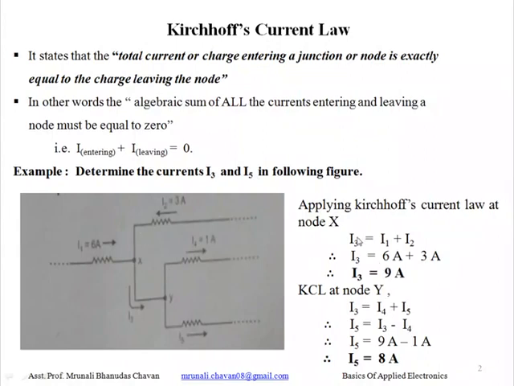That's why, if we write the currents on the left side of the equal to sign, we can rearrange this equation as I3 minus I1 minus I2 is equal to 0. But we had written the equation as total current or charge entering a junction is equal to the current leaving the node.